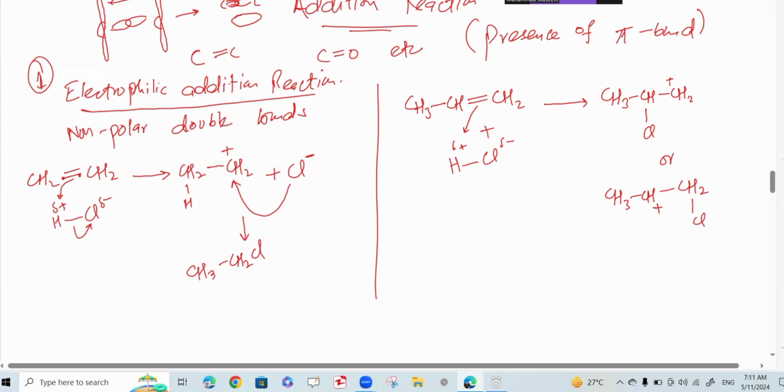In fact, in this case, when the carbocation is in the middle and it has two alkyl groups, they have an electron donating effect. They have a good inductive effect, you can say. The electrons are induced because they give electrons from these CH2 and CH3. So it is more stable. Okay, it's the major product.